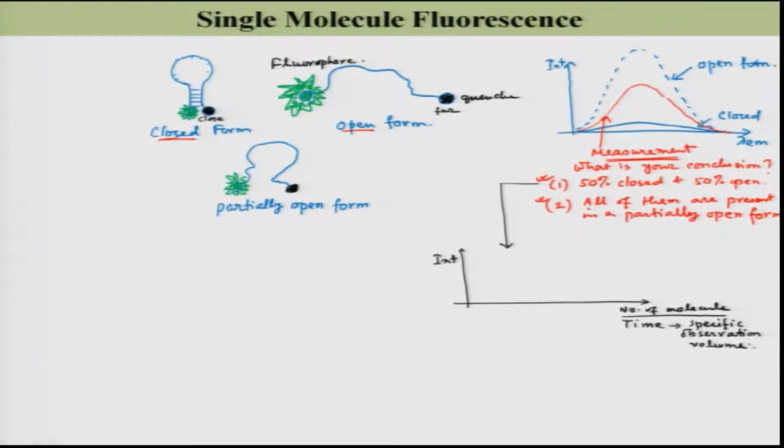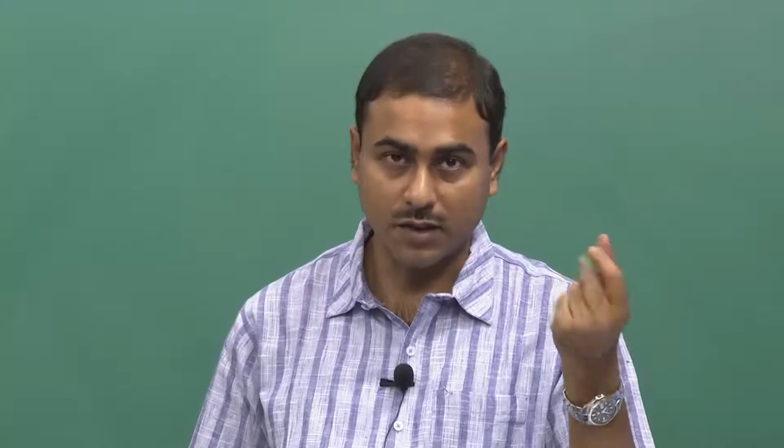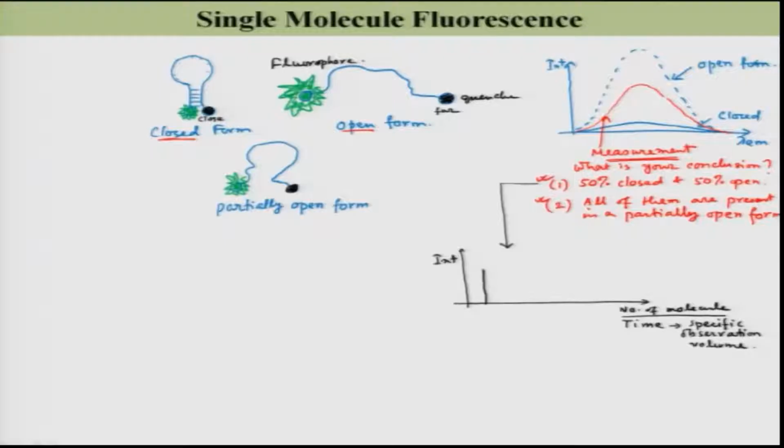In case 1, you will see the fluorescence intensity is probably 0, because none of the molecules are present inside this observation volume. Then the fluorescence intensity will increase, and then decrease again. Then another molecule will enter and the intensity increases.